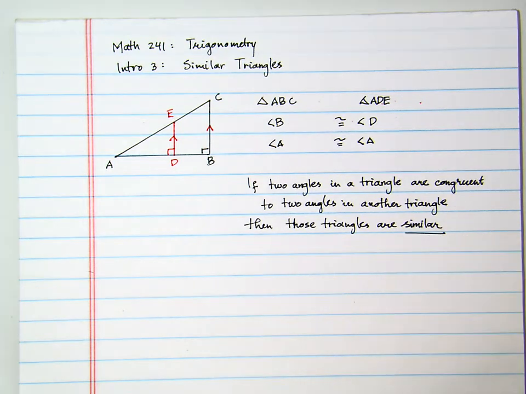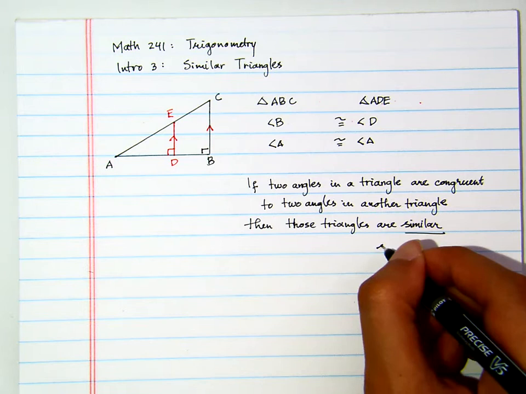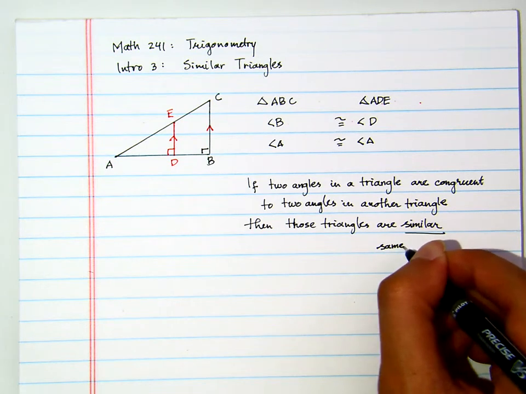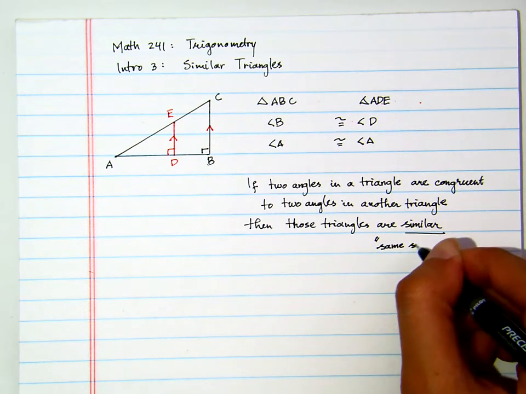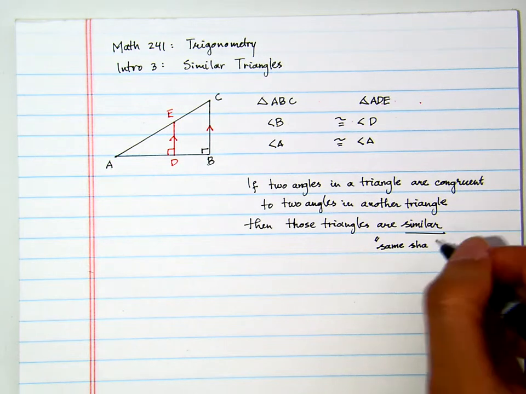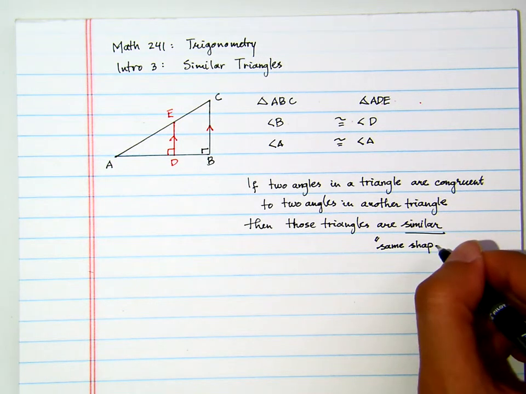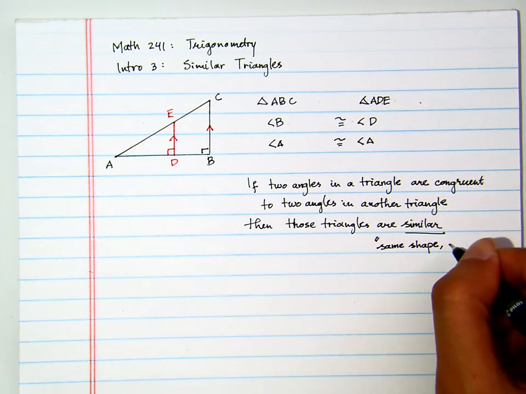In fact, the word similar means this: same shape. This is a very crude definition of the word similar. Same shape, maybe different size.